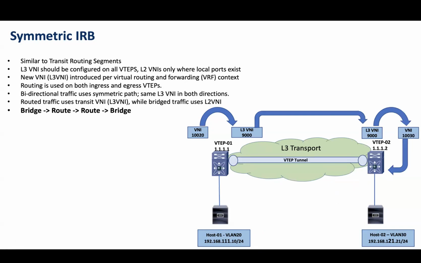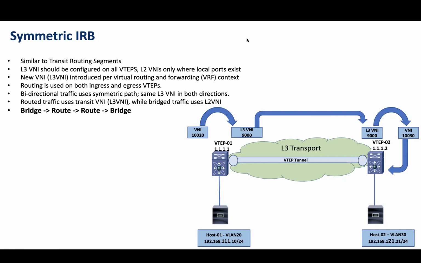In symmetric IRB, we configure L3 VNI on all VTEPs. Also, L2 VNI will be configured only where a local port exists. Make sense? At this point, we understood that symmetric and asymmetric IRB have the same outcome. I mean, both are used for inter-subnet communication.